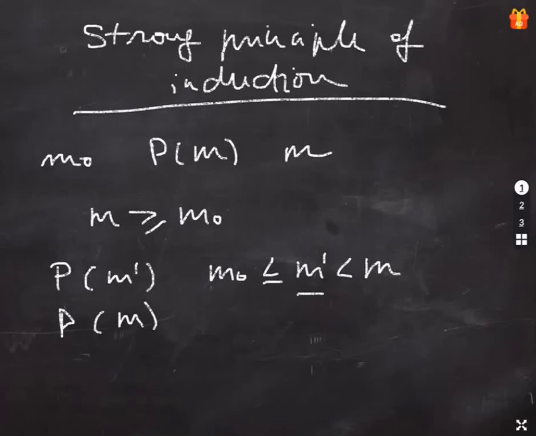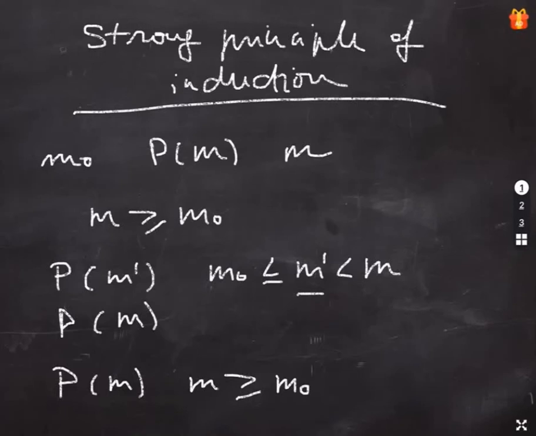Then we can conclude that P(m) is true for all natural numbers larger or equal to m0.